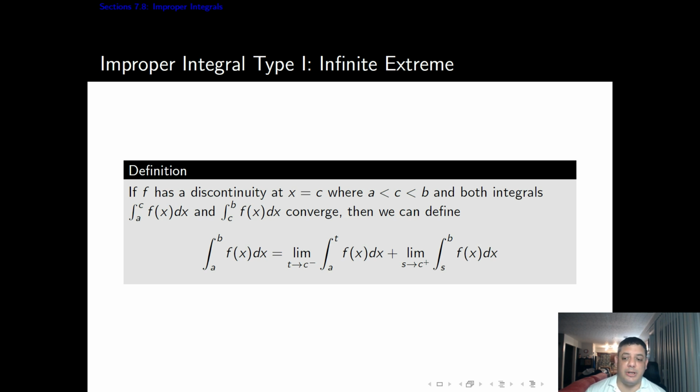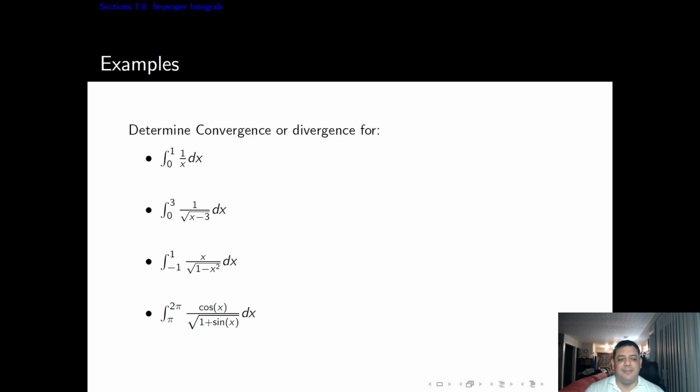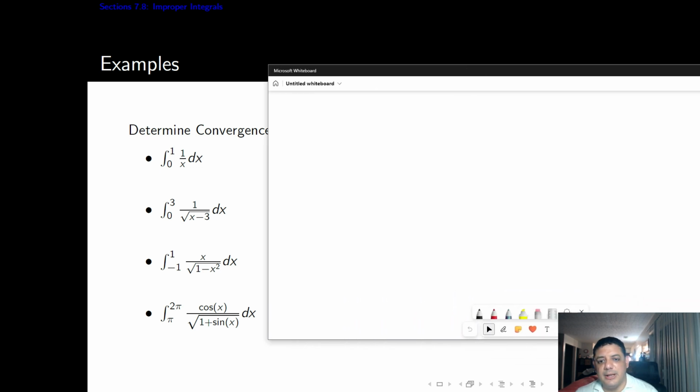If both of those integrals converge, then we can define the integral from a to b as the limit when t goes to c from the left of the integral from a to t of f of x dx, plus the limit when s goes to c from the right of the integral from s to b of f of x dx. So now let's see some examples of this in action, and then maybe it will make more sense.